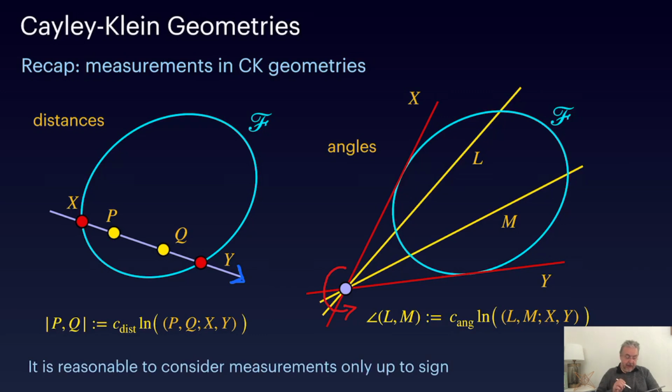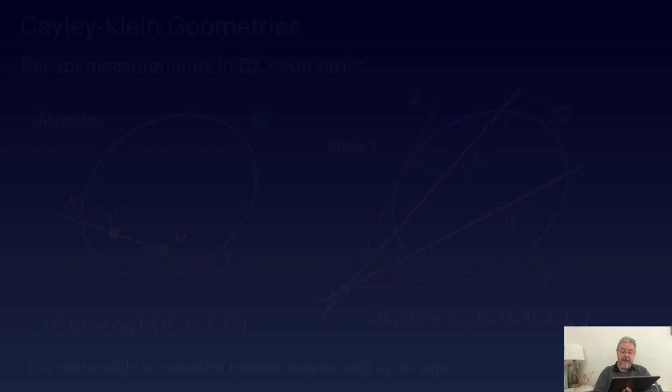So here I wrote it once again. It's reasonable to consider measurements only up to sign, and in what will follow, I will only consider the absolute values here. Okay, now we will take together these 2 threads, the projective transformation thread and the thread of distances and angle measurements.